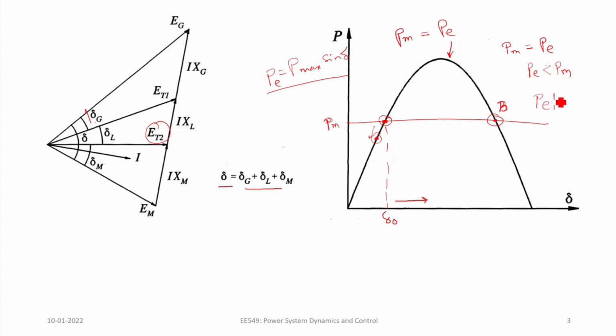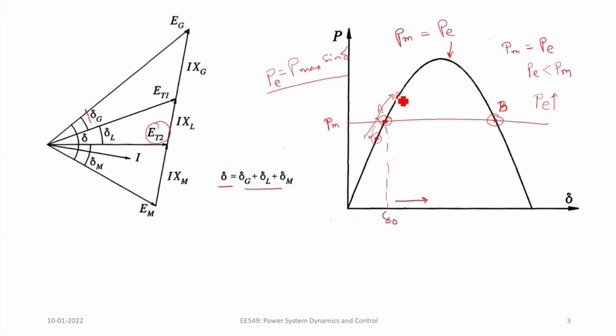As it increases, it will gradually achieve position A again, right? Of course, it will achieve position A, but because of its acceleration, it will move further beyond point A.